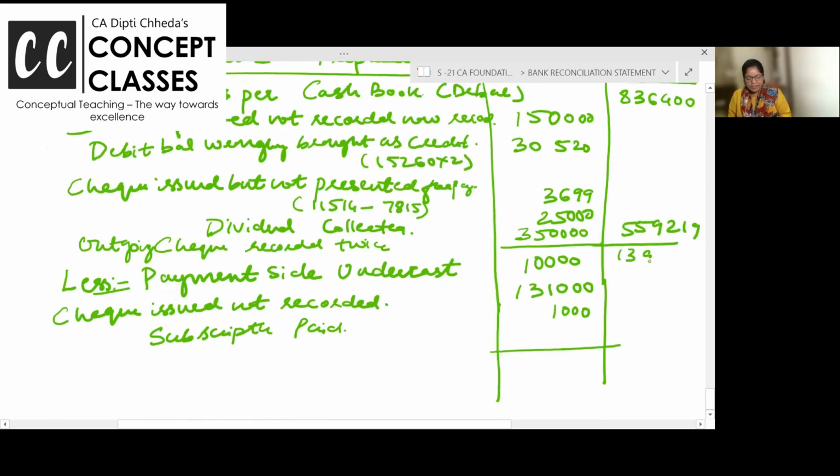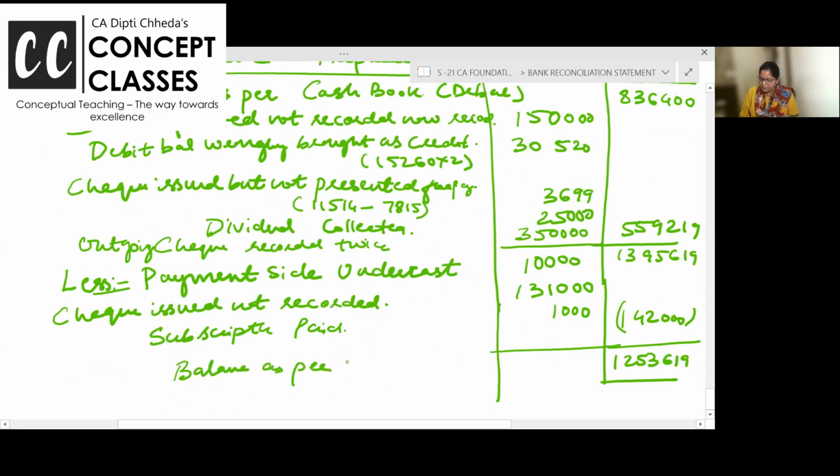So 13,95,619 minus 1,42,000 is 12,53,619. This is balance as per pass book.